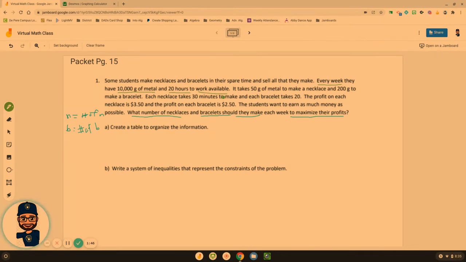So let's use that as our columns, metal and hours. And those two things are going to be used for our necklaces and our bracelets, and on the bottom as our constraints.